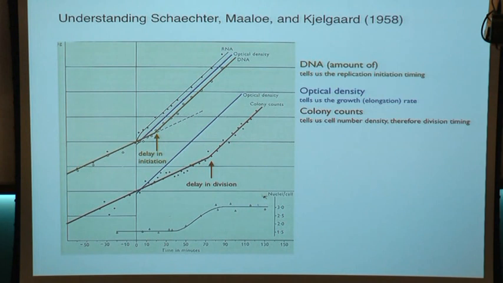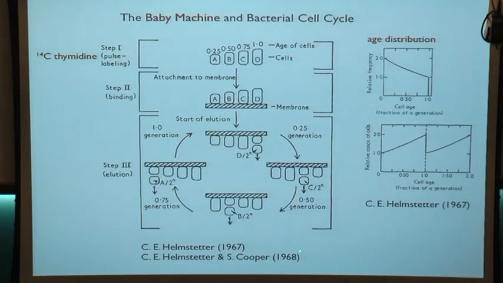And many years later, Helmstetter made a lot of effort to obtain synchronized cell populations, and he developed the celebrated baby cell machine. We talked about it yesterday. Up to this point it was okay because this is like a cartoon. You have cells of all age groups in the steady state population.